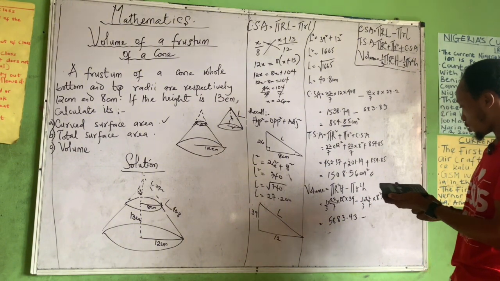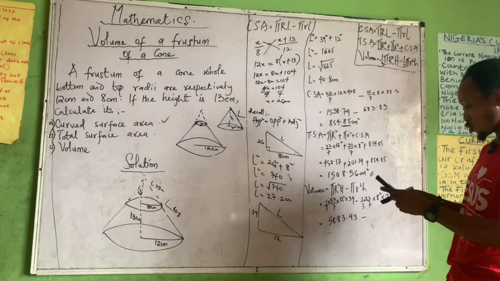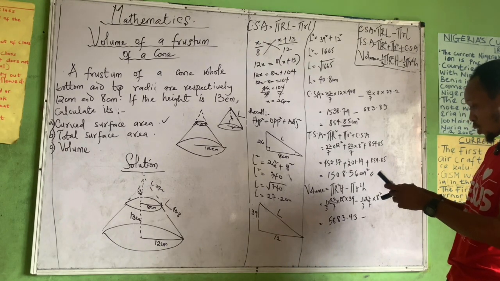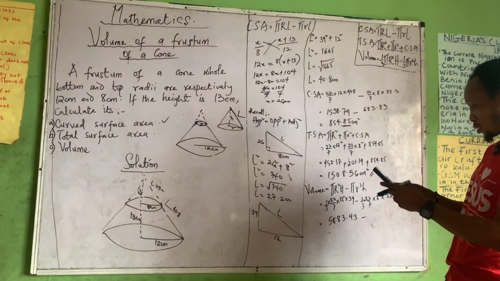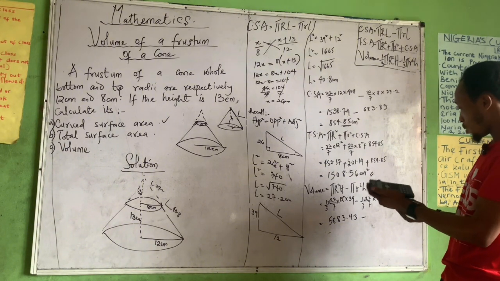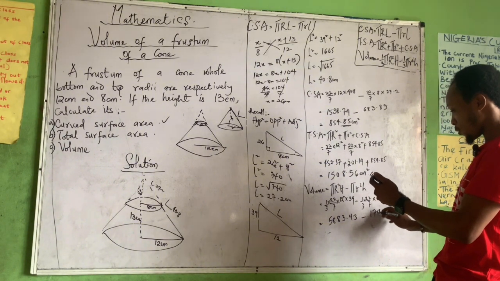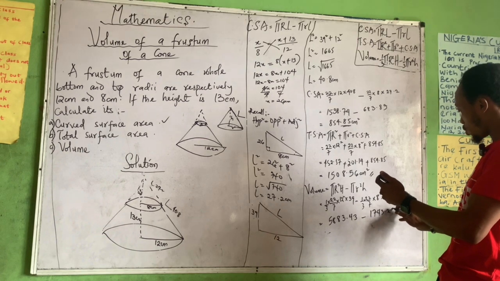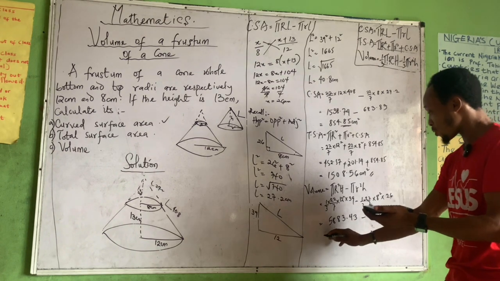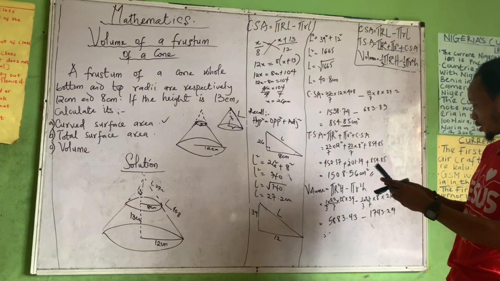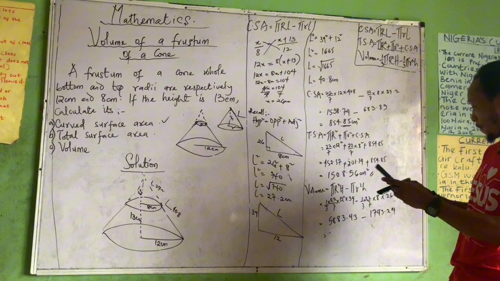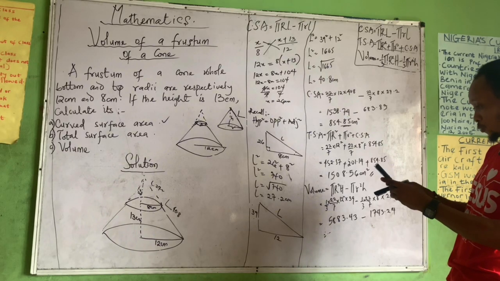5883.43 minus 22 times 8 square times 26 divided by 21. We have 1743.24. So now let's minus this. 5883.43 minus 1743.24.